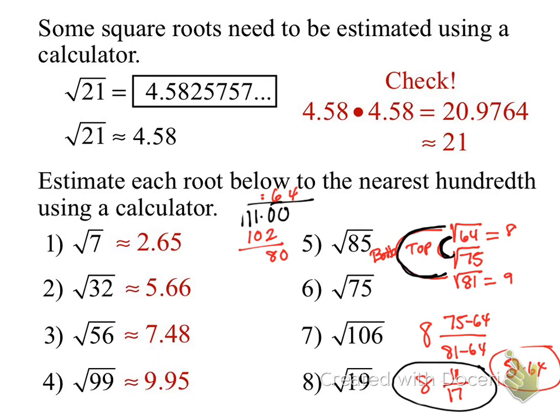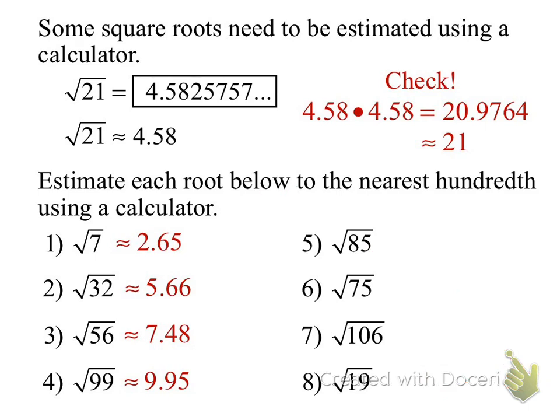Then I divide 17 into 11, and I got 0.64. The true amount is 8.66.